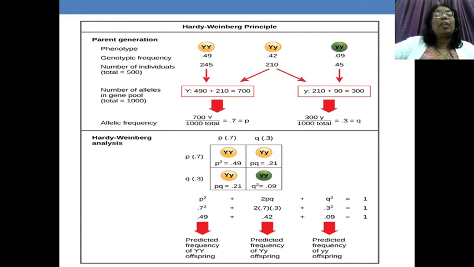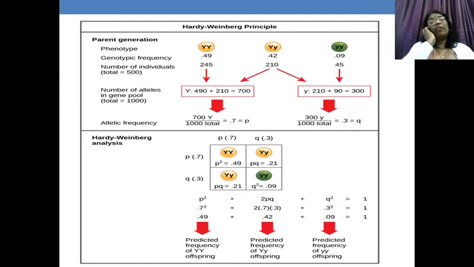The total number of individuals is 490 in the dominant one and 210 in the recessive one. The gametic cells produced are 490 plus 210, equal to 700. It is given to you, or we can easily calculate it.